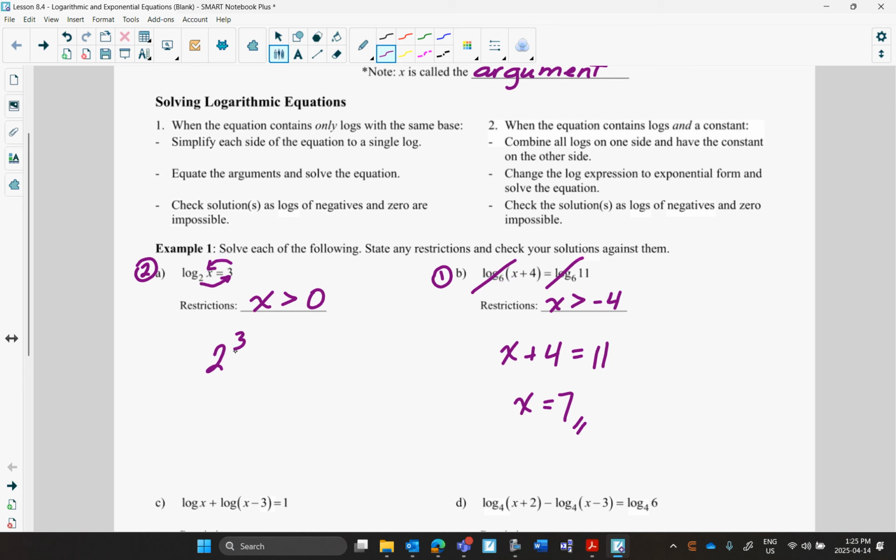That's how we change from logarithmic to exponential form, and we've got a pretty easy equation left to solve. All we have to do to find x is do 2 to the third. That's 8. That's it. So those are just to get you used to it.